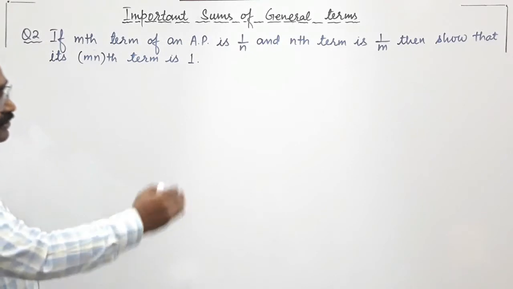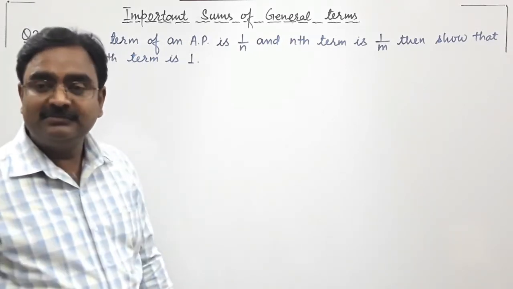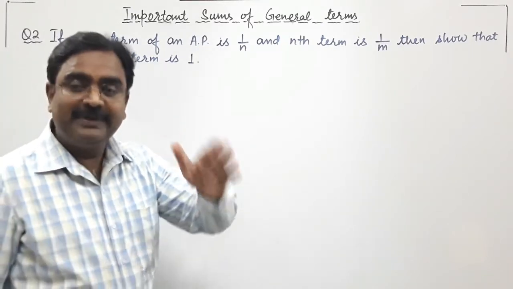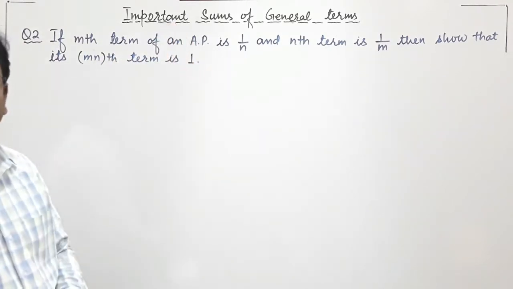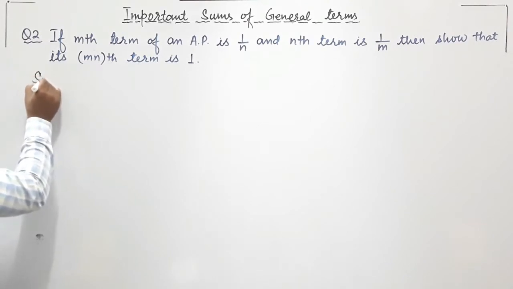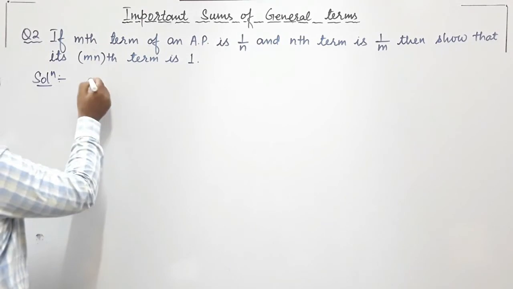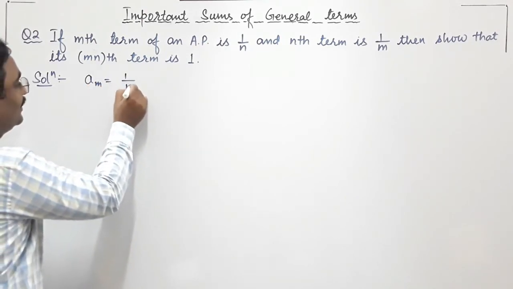So according to the question, whatever is given, that thing we have to write down, and what is asked, what we are proving. So in the solution of this question, mth term, it means am is given 1 upon n.